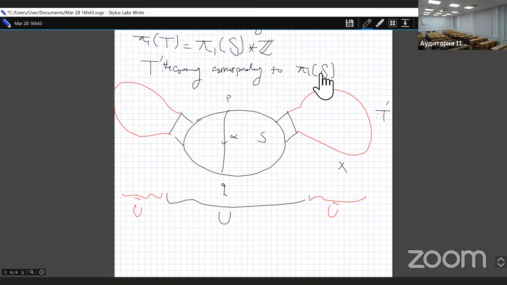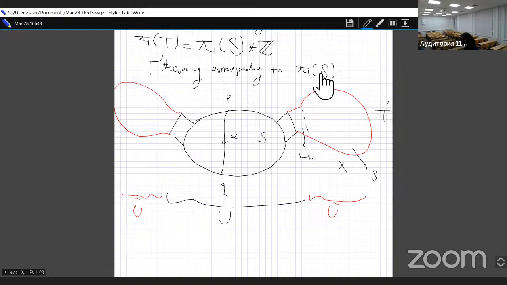This part would be mapped to the cut handle, and the rest would be mapped to the inside, to S. So this part would map to S, and this part to the part of the one. Okay.